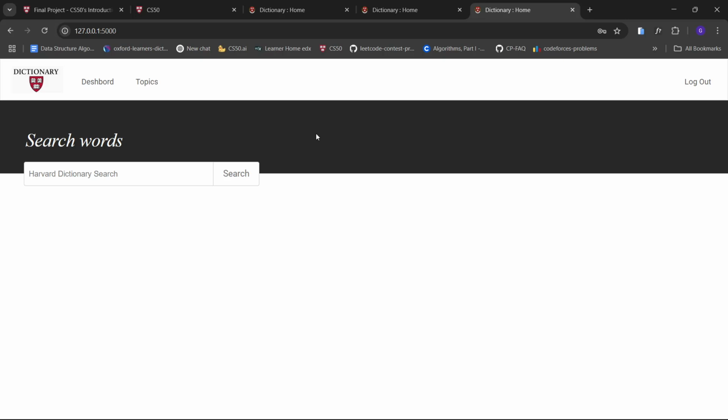Now the important part of this application is the topic-wise dictionary, and here is the dashboard of our application. Now we are going to discuss these topics a little. What does it mean?